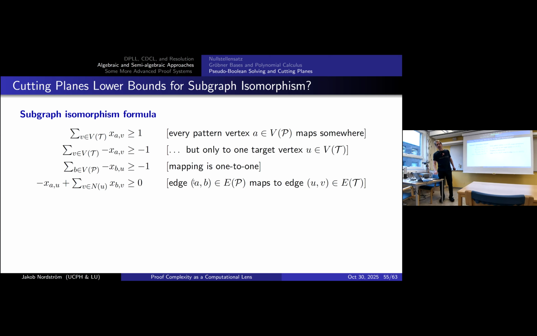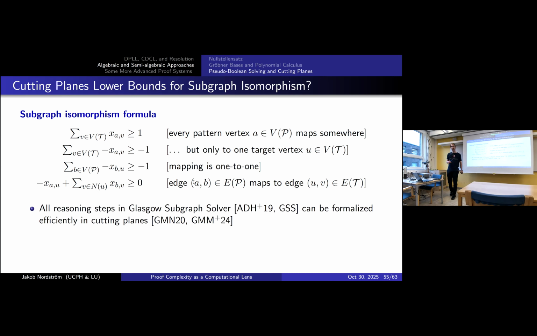Sounds good. So now, why do we care about this? Well, the interesting thing is I told you that there are amazing subgraph isomorphism solvers, like the Glasgow subgraph solver. It turns out that if you look at what this solver does, it's formalizable within cutting planes. So if there is no subgraph isomorphism of P into T, then the Glasgow subgraph solver will generate a cutting planes proof in size proportional to the running time.